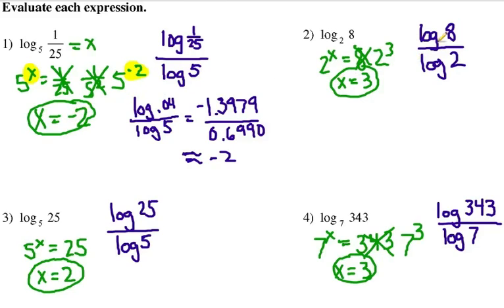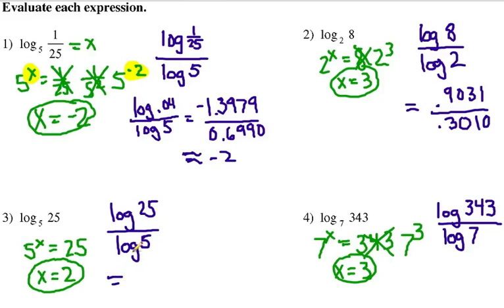All right, let's do log 8 over log 2. All right, I want you to test your calculations. You should have something about 0.9031 over 0.3010. Then you divide that out and you're going to get something very close to 3, hopefully, depending on your rounding.